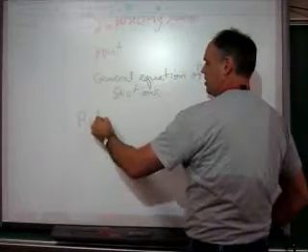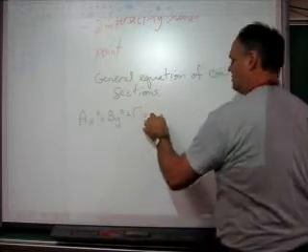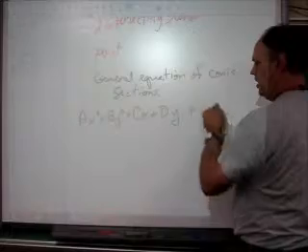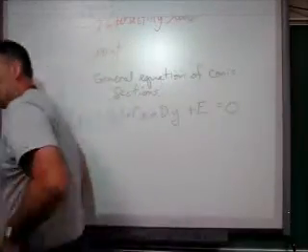Capital A x squared plus capital B y squared plus capital C x plus capital D y plus E equals 0. A, B, C, D, and E are all numerical values, some of which might be 0.